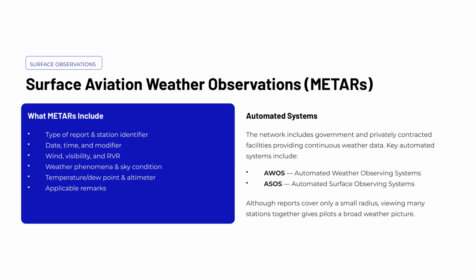These systems are part of a broad network of government and privately contracted facilities that provide continuous, around-the-clock weather data. It is important to understand that each individual METAR reflects conditions only within a small radius of that reporting station. However, when you review multiple METARs from stations across a region together, you begin to build a much larger and more accurate picture of the overall weather environment you will be operating in.